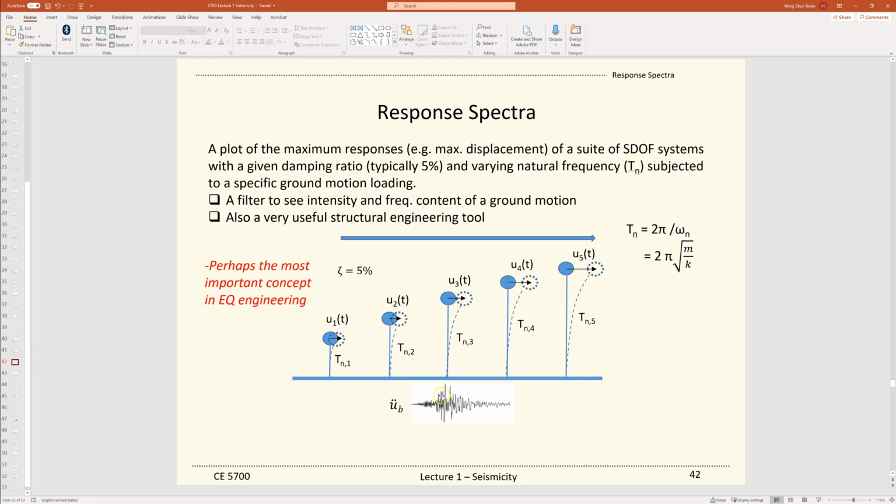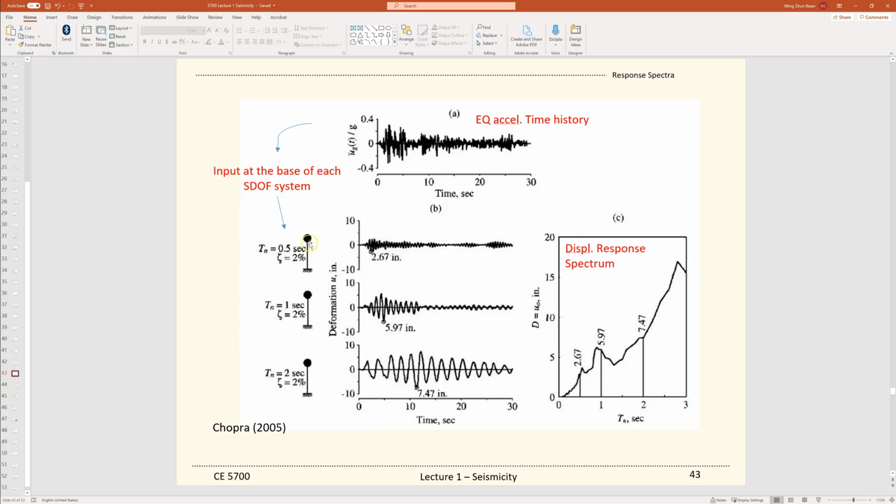We input the same ground motions into each of these SDOF systems, and then we record the displacement response of each system. The maximum displacement throughout the input of this earthquake time history gives us one data point. And we know the natural time period of the systems.